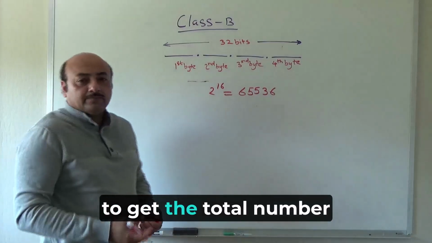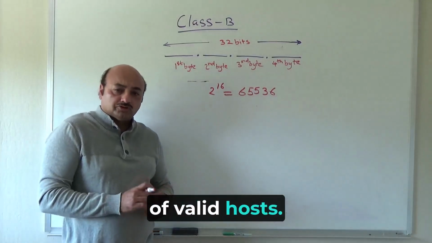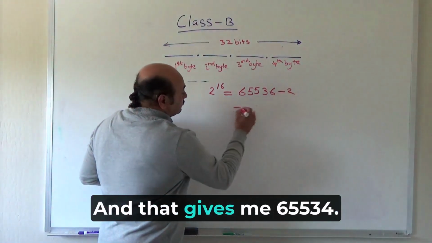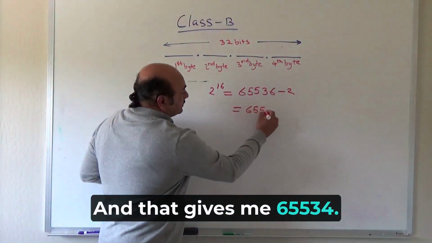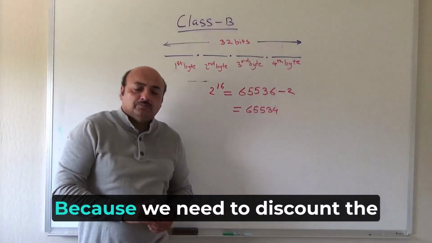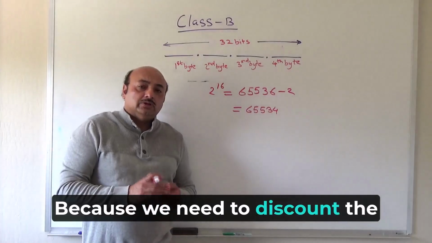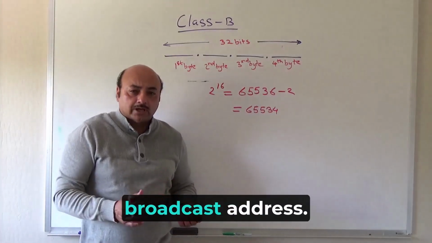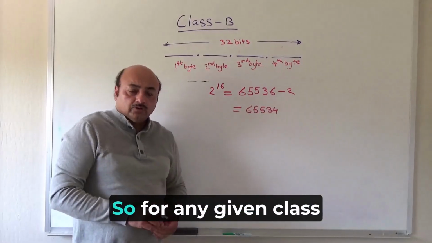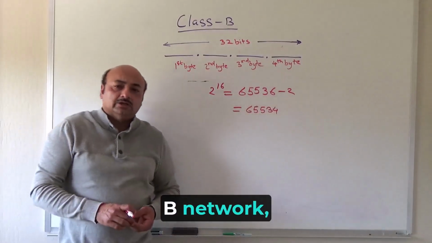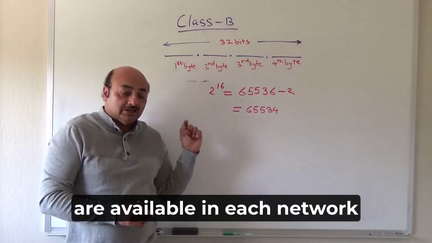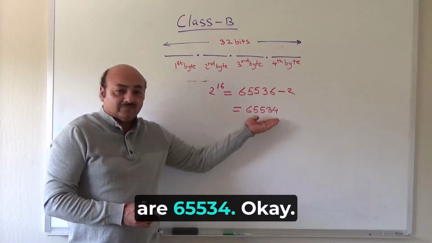Now, to get the total number of valid hosts, I have to subtract 2 from it, and that gives me 65534. Now, why did I subtract 2 from it? Because we need to discount the network address and the broadcast address. So that's the reason we have taken out 2 from it. So for any given Class B network, the total number of hosts available in each network is 65534.